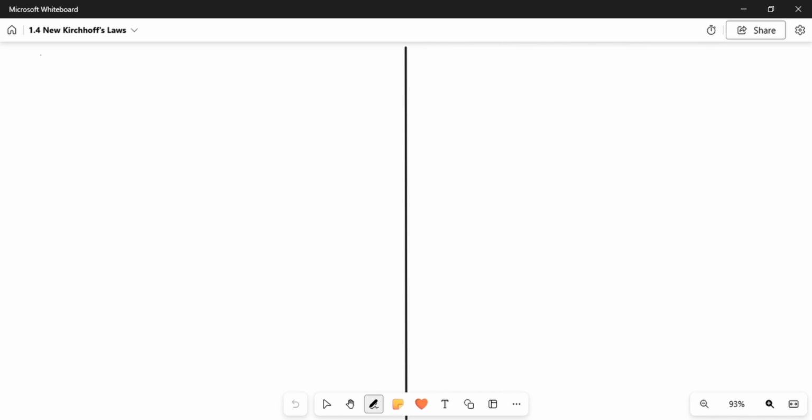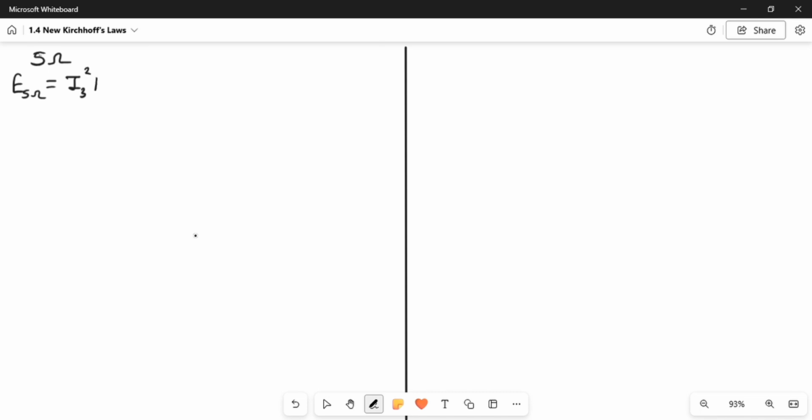For the 5 ohm resistor, we have that the energy E is equal to, recall that in that 5 ohm resistor, the current passing through that resistor is I3.